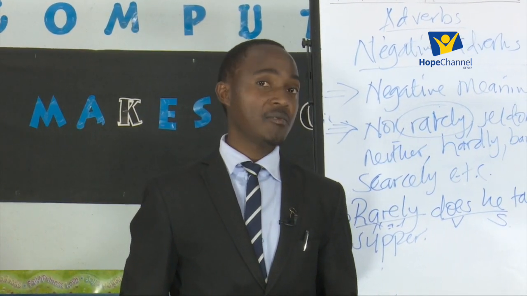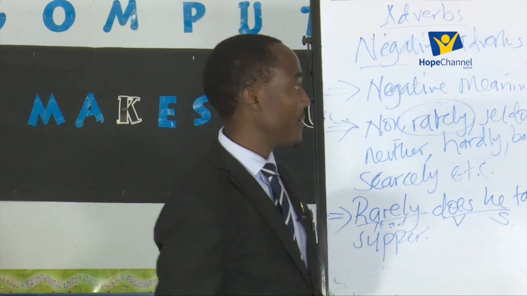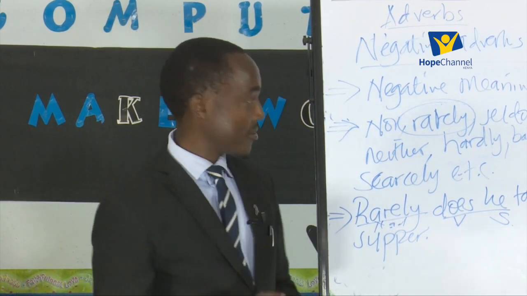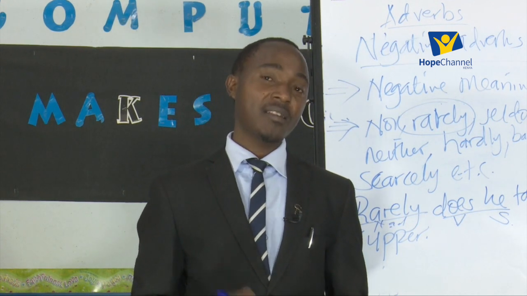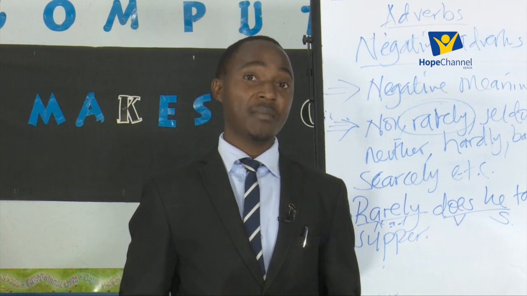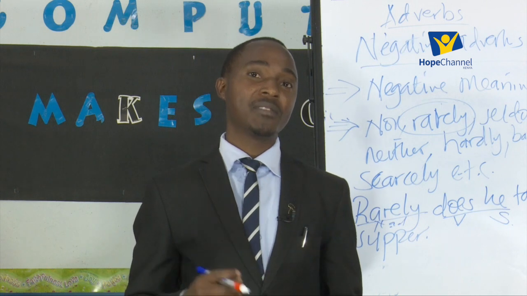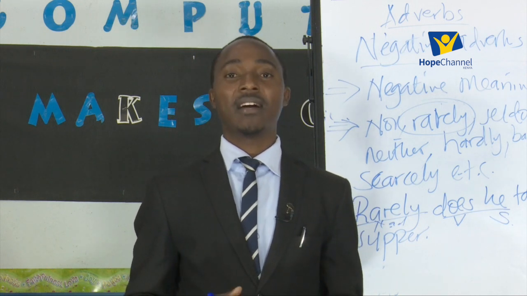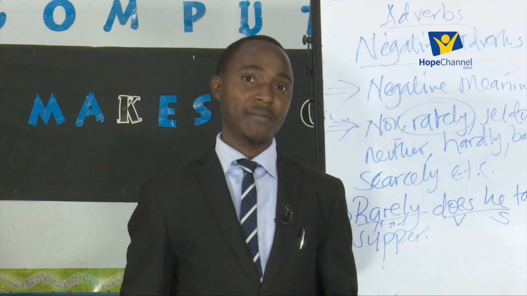And we have lastly looked at negative adverbs. And also, we looked at conjunctive adverbs. Remember, adverbs are words that will show or modify verbs, adverbs, adjectives, and even entire clauses or sentences.